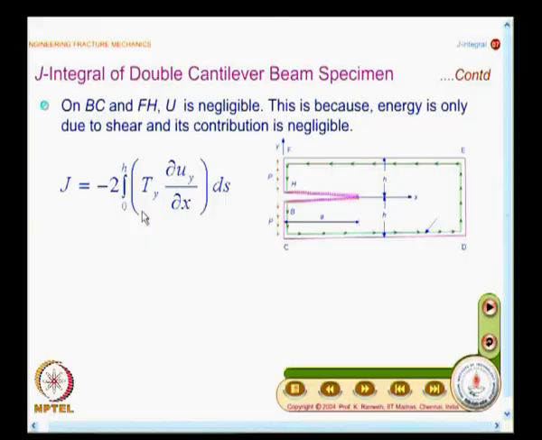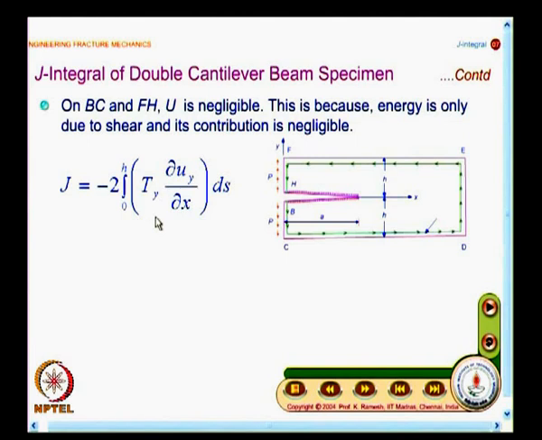If you want to find the tip deflection for a cantilever with an end load, a very famous formula is PL cubed by 3EI, where L is the length of the beam. Here we are taking the length of the beam as a, and the slope is PL squared by 2EI. When you adapt it for this problem, it will be Pa squared by 2EI, and that 2 and this 2 will cancel.